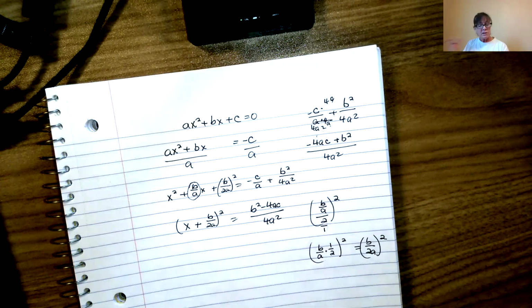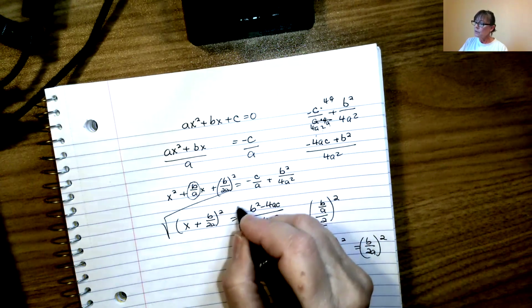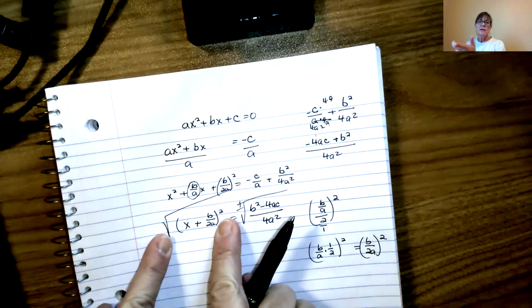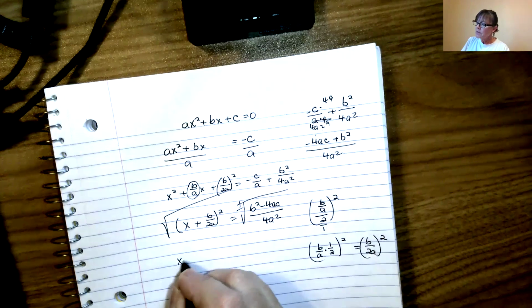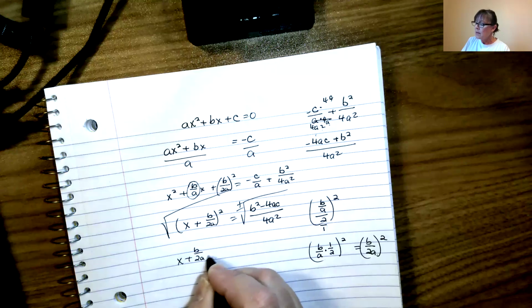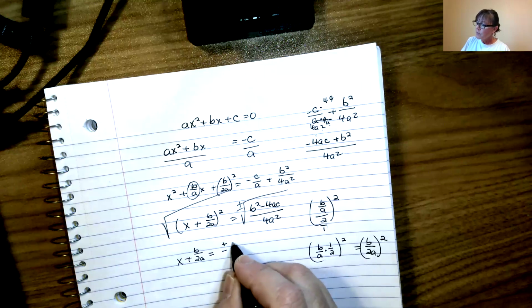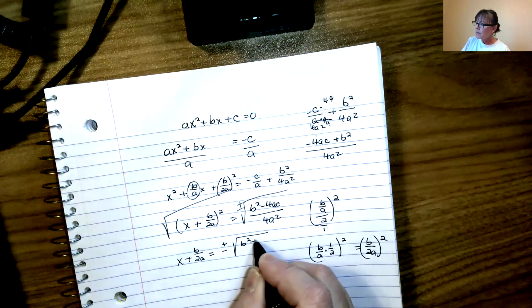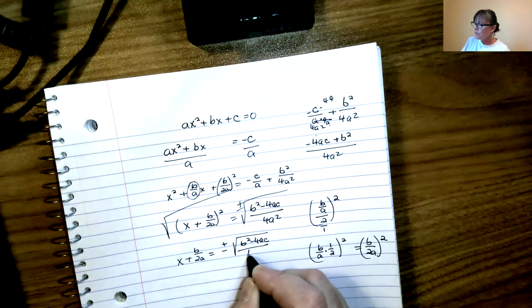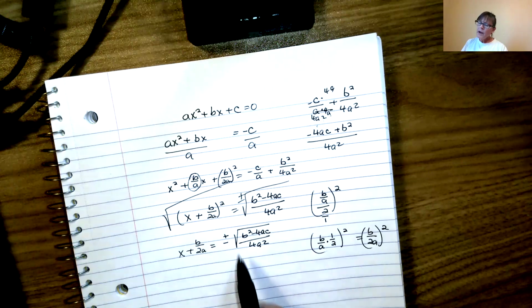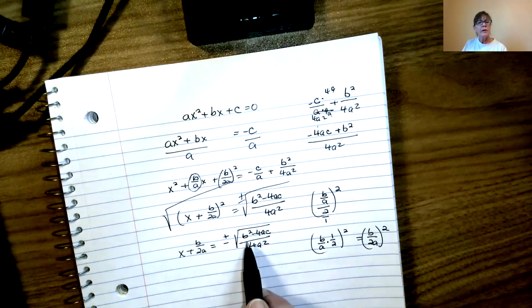All right, now we're going to solve this by taking the square root of both sides. The square root of something squared, these undo each other. So we get x plus b over 2a is equal to plus or minus the square root of b squared minus 4ac all over 4a squared. The square root of a fraction is equal to the square root of the numerator over the square root of the denominator.